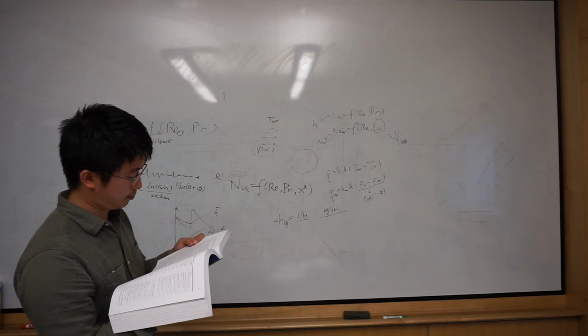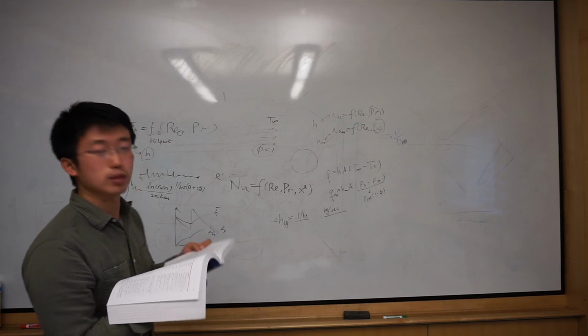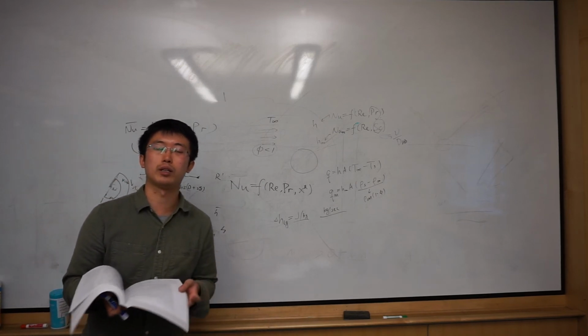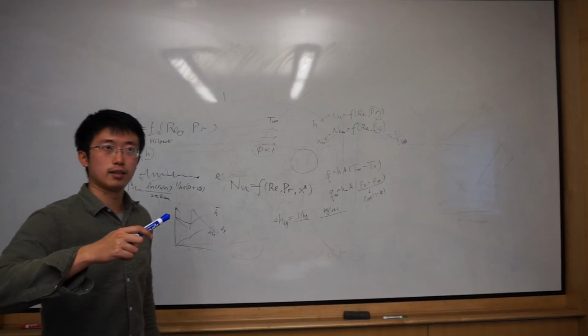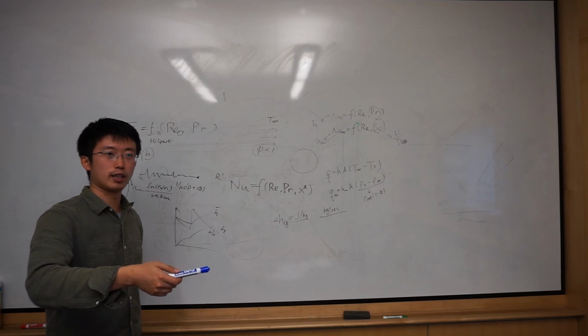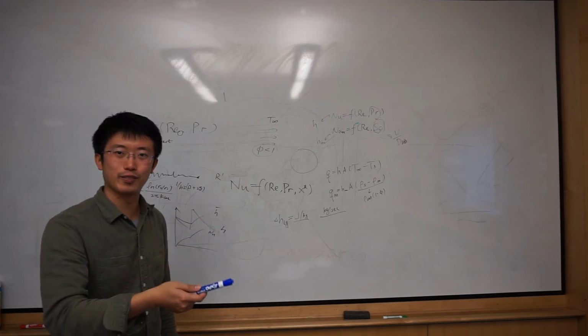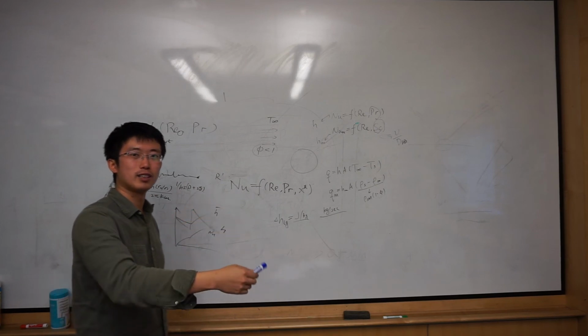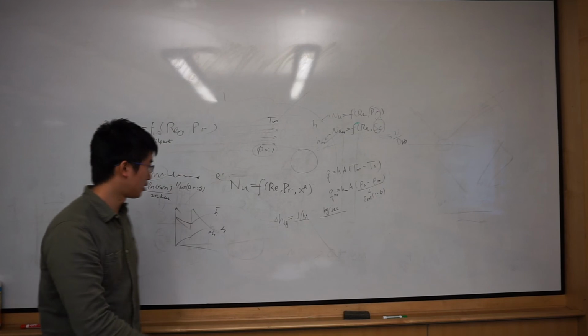Right? Next one, how is the local heat transfer coefficient affected by the existence of an unheated start length? This part we didn't cover, but basically it says the velocity boundary layer starts developing from the leading edge, but the thermal boundary layer doesn't start developing until a certain distance.